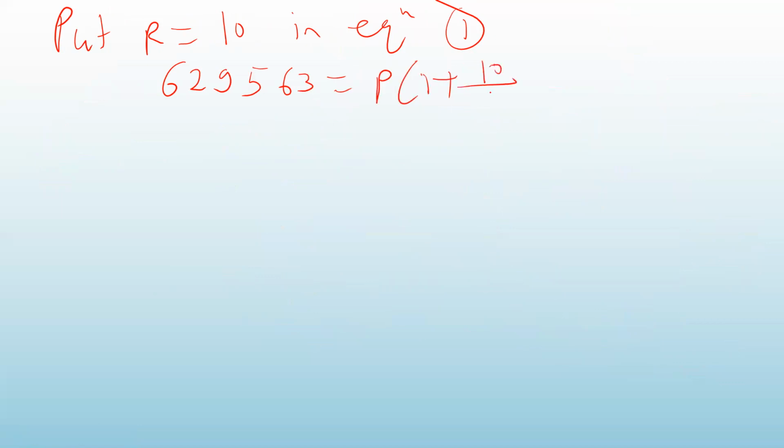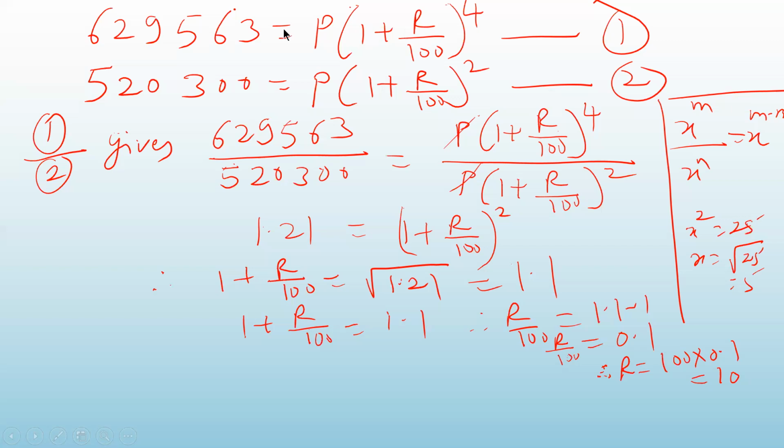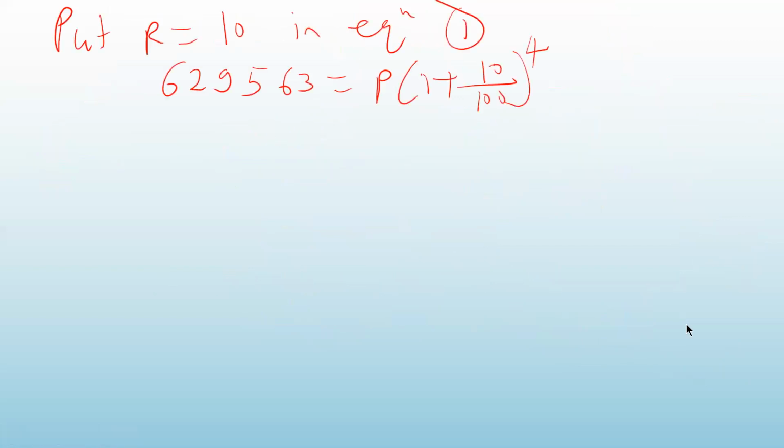We got the value of R, so put R equal to 10 in that. So this is equal to P into 1 plus 10 upon 100, which is 0.1, raised to power 4. So this is P into 1.1 raised to power 4. Now what is 1.1 raised to power 4?